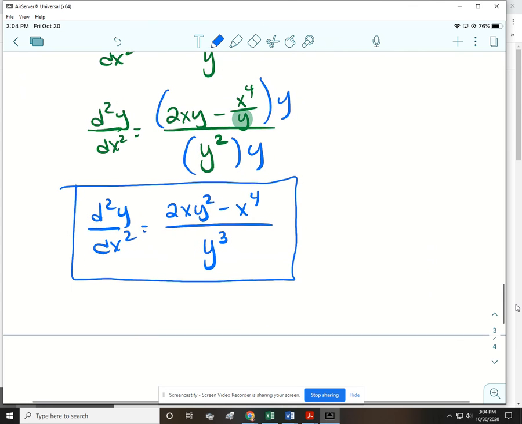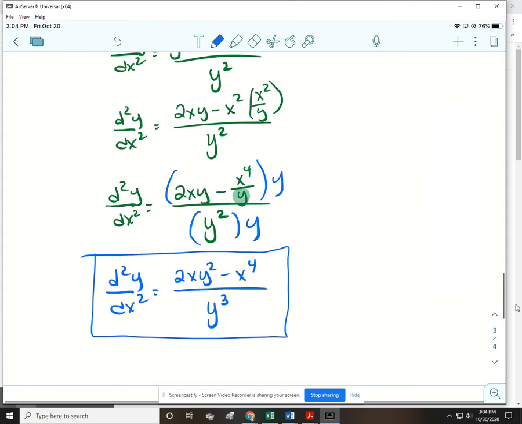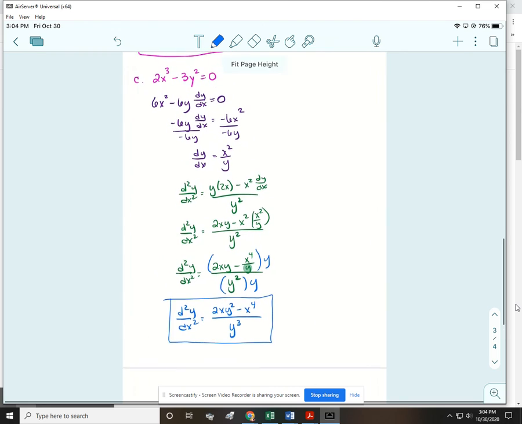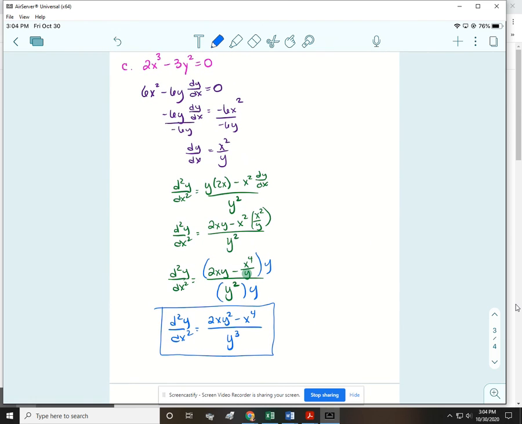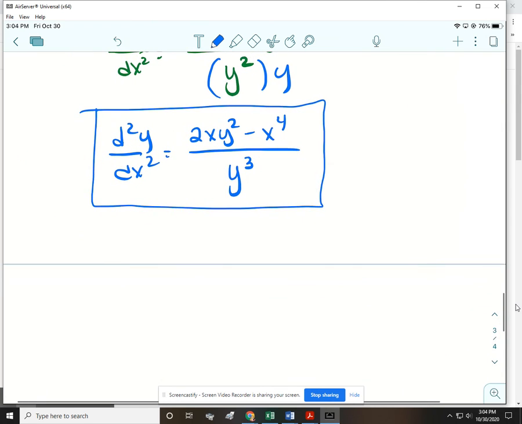Let's double check our original problem. Okay, 2x cubed minus 3y squared is not going to plug in anywhere, so we're good. This is the answer.